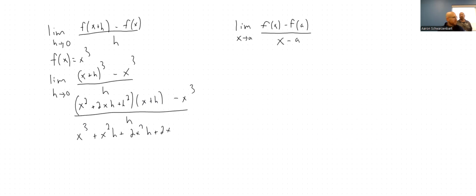So I did first times both of them and the second times both of them. 2x h squared plus, I'm on to third from the first, x h squared plus h cubed minus x cubed all over h. Wow. Such a nice, the x cubes can cancel.